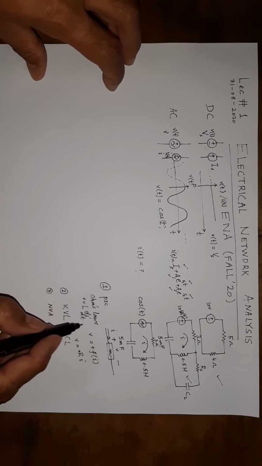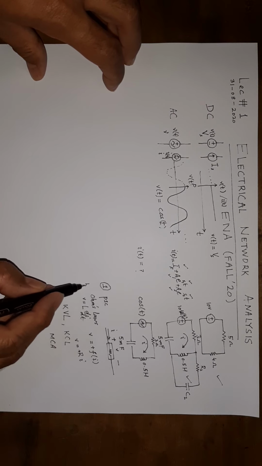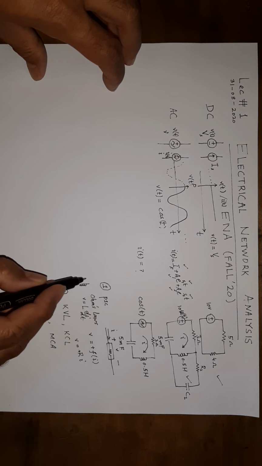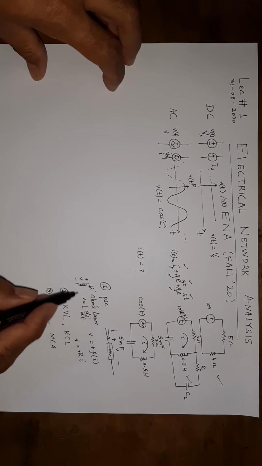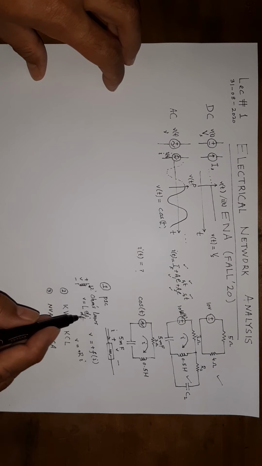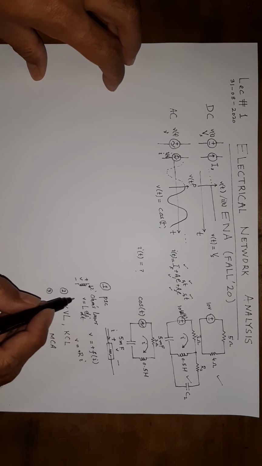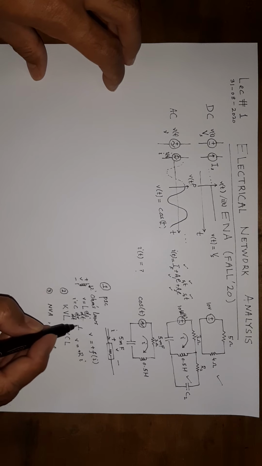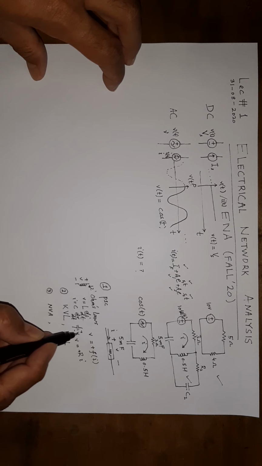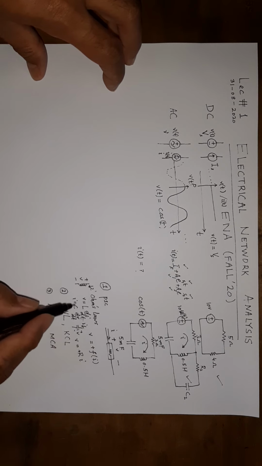If you remember, this expression dealt with an inductor: the voltage across an inductor and the current through that inductor are related in this fashion. Similarly, I is equal to C dV by dt relates to a capacitor. If this is the V, this is the I, and the passive sign convention is fulfilled, then I is equal to C dV by dt, positive sign here.